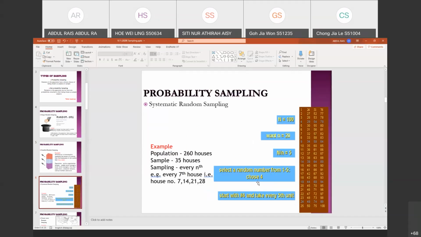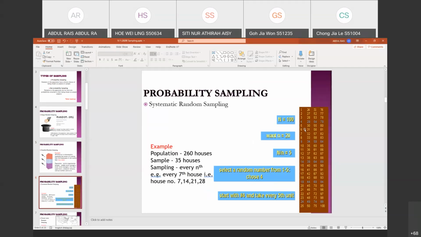you bahagikan. Okay, kalau dalam 100 dan you nak 20, so you akan pilih ikut the first batch, katakan 20, meaning kalau kita bahagi 100 bagi 20, meaning there are 5 subgroups.